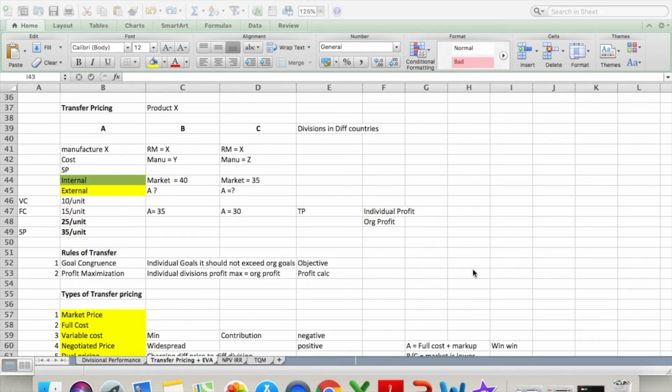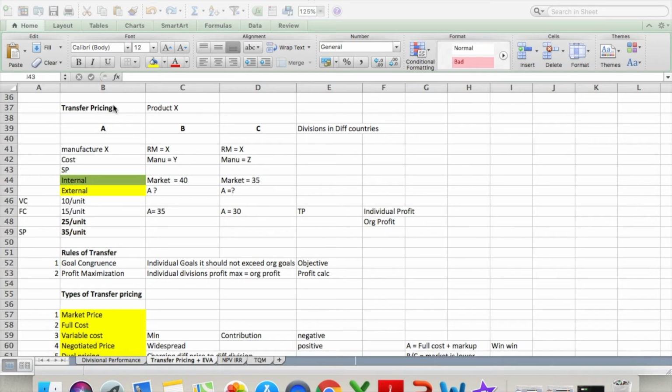This is the second last area of divisional performance. In divisional performance, we've looked at divisional performance itself and different financial ratios. We've looked at EVA, and the third one that we're going to look at is transfer pricing.